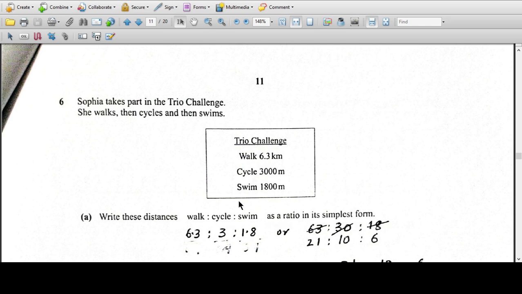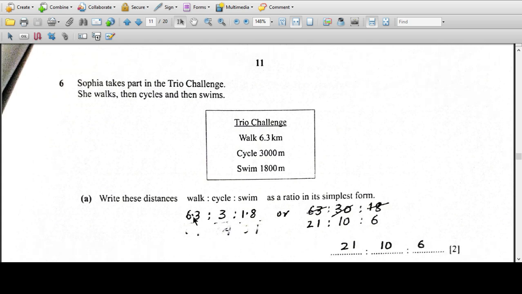So this is 6.3 kilometers, this is 3000 meters, which is 3 kilometers, and this is 1800 meters, which is 1.8 kilometers. We can write 6.3 as 63, 3 as 30 and 1.8 as 18, because we have multiplied by 10, so we have whole numbers.